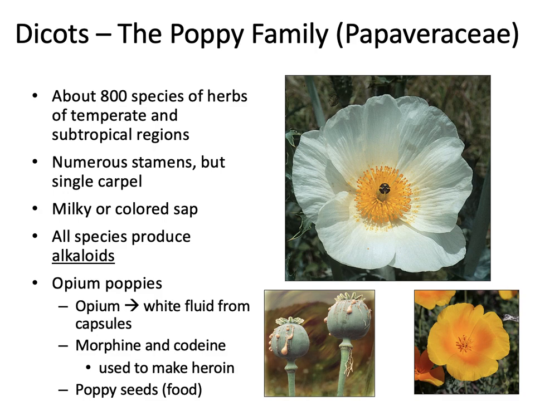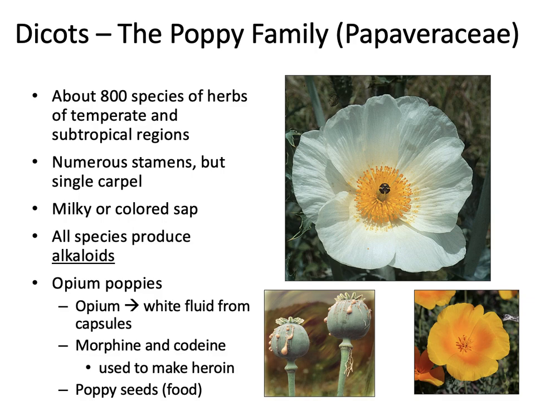For example, opium poppies. These are flowers in which, after they are fertilized, produce their fruit, which is a capsule, and then people can harvest that opium from those capsules. We can see a picture here where the capsule has been marked with a razor blade, and the alkaloids just secrete out of that capsule.